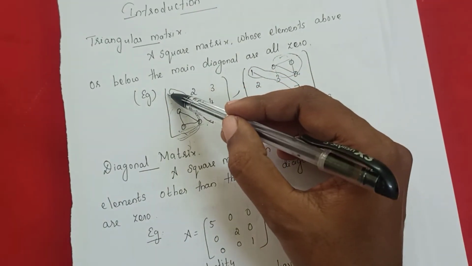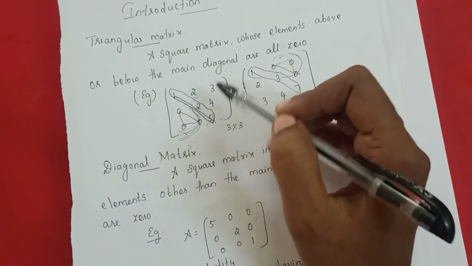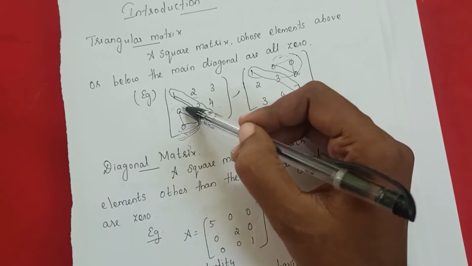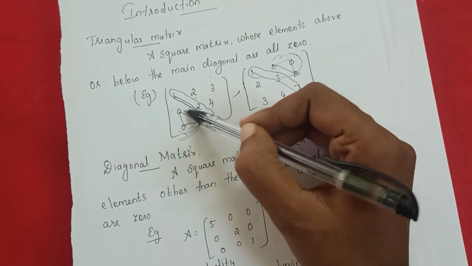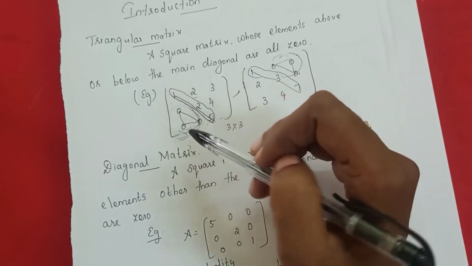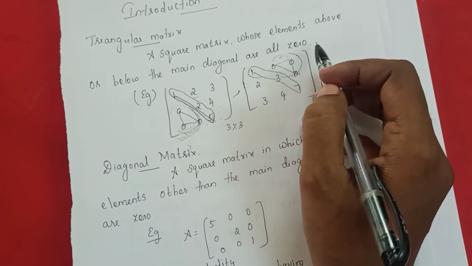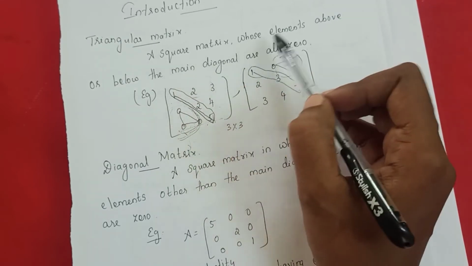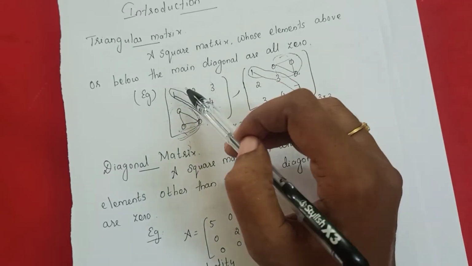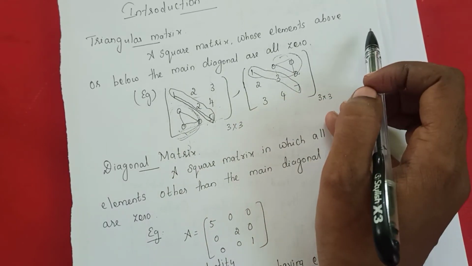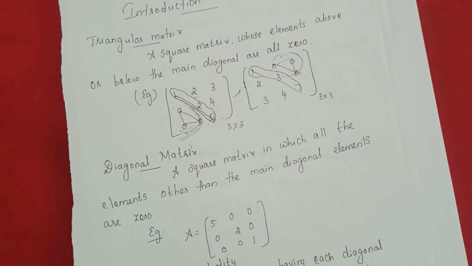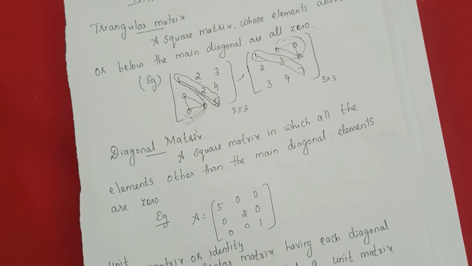The main diagonal, upper elements must be 0 or lower elements must be 0. If all the lower elements are 0 we call that lower triangular, upper means upper triangular matrix. So what do you mean by triangular matrix? A square matrix whose elements above or below the main diagonal are all 0. Understand students?